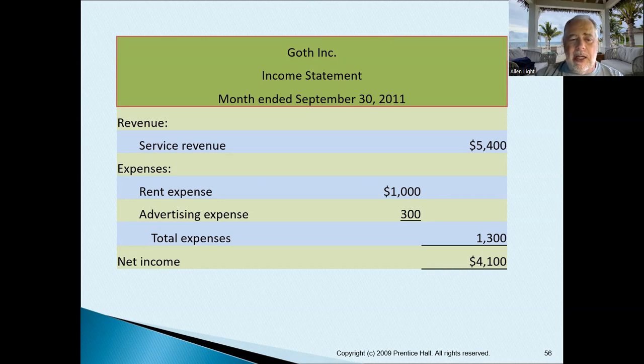So there's my net income. Now in this particular case, these were subtotals. We added them together to come up with the total. We subtracted, and that came up with, now technically you could have put 1,300 in parentheses. That still would have been correct. Okay.